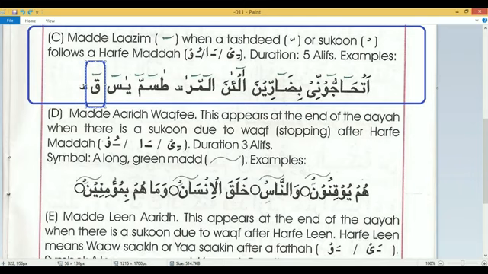So the answer is that when you say qaf, you are actually saying qa with a fa with sukun. Like qaf, right? Qa, that's the madda letter, and then we have f, like fa with sukun.